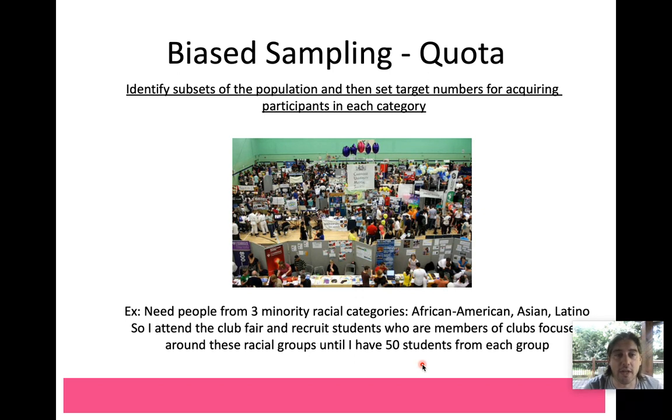So quota sampling is when we identify subsets of the population and then set target numbers for acquiring participants in each category. So maybe I am trying to collect data on minority racial categories, right? So I want to collect data on African-American students, Asian students, and Latina students at Georgia State.